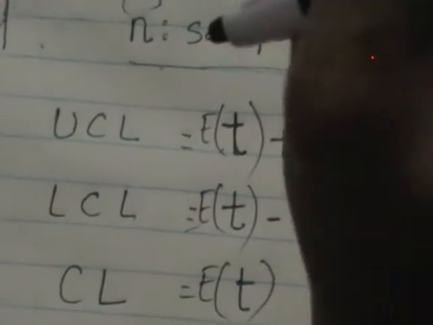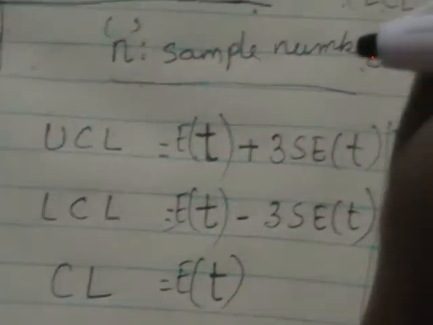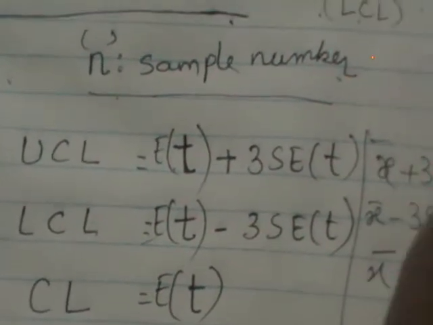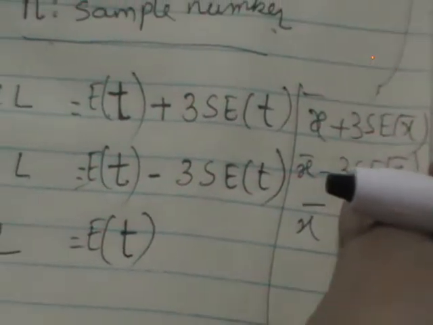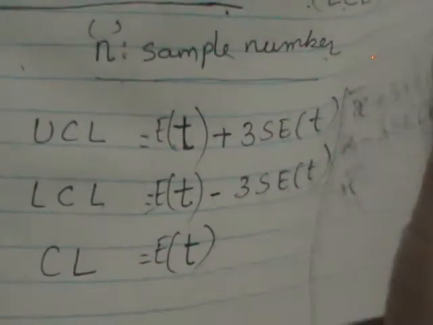So we have come to know what a control chart is, what it consists of, and how to write the UCL, LCL and CL of any statistic.